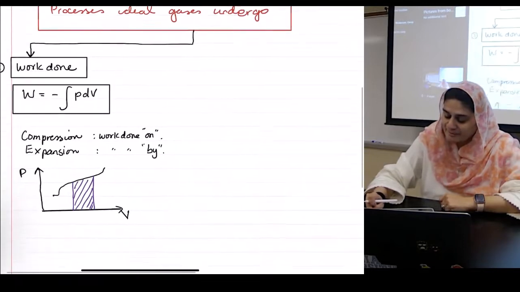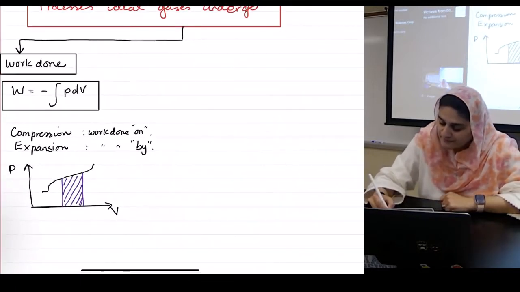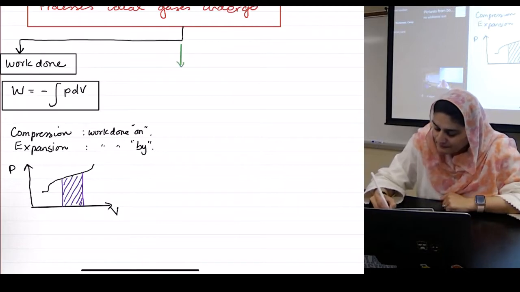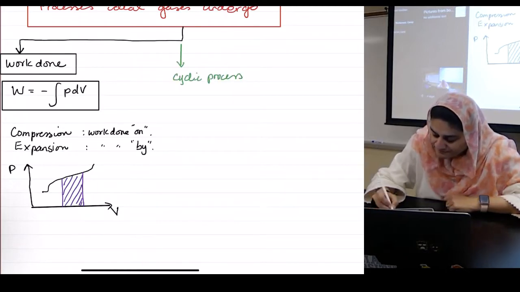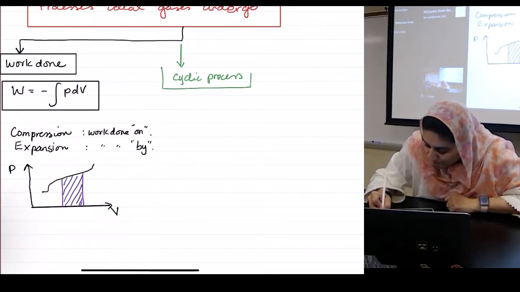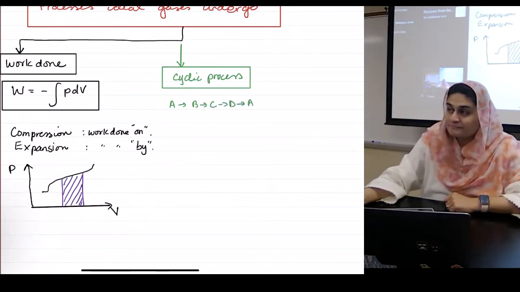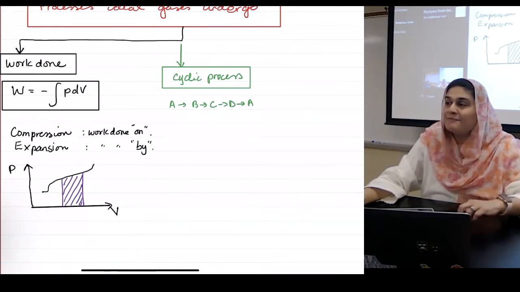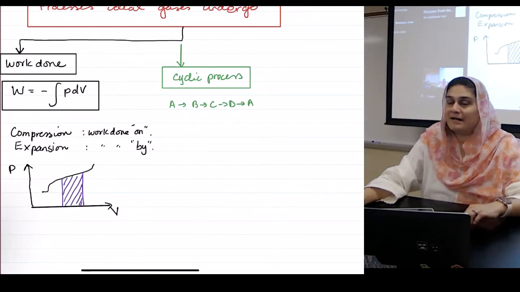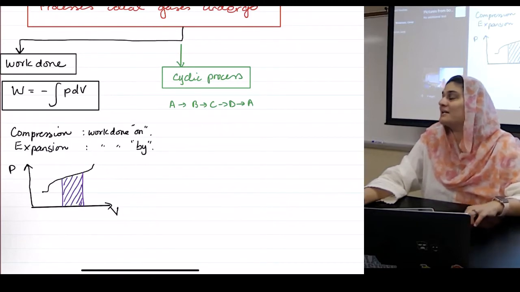What is a cyclic process? A cyclic process is A to B to C to D back to A. If I have to come back to state A again, what can you tell me about that state?